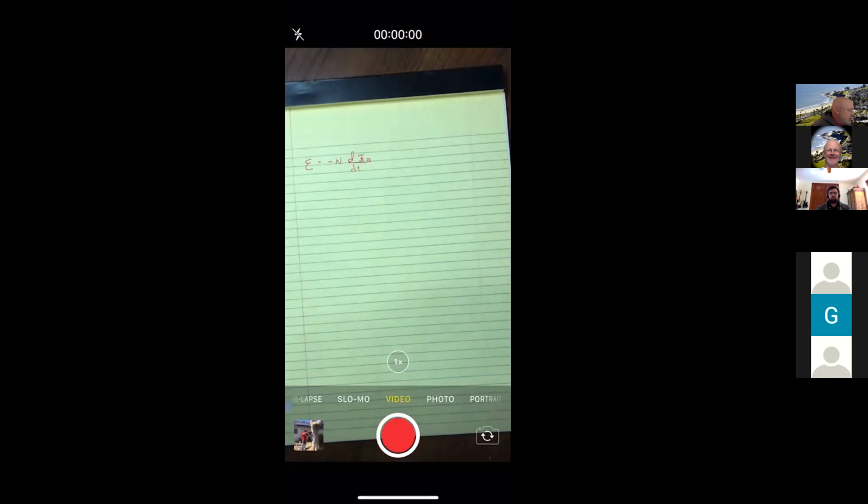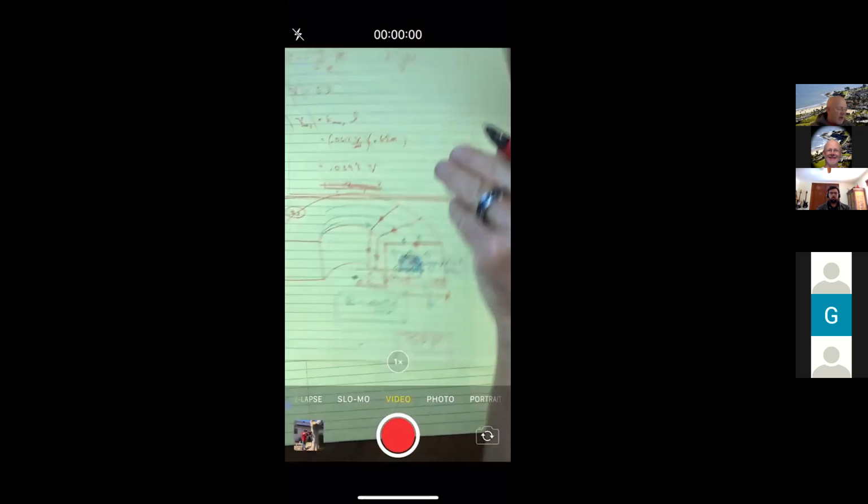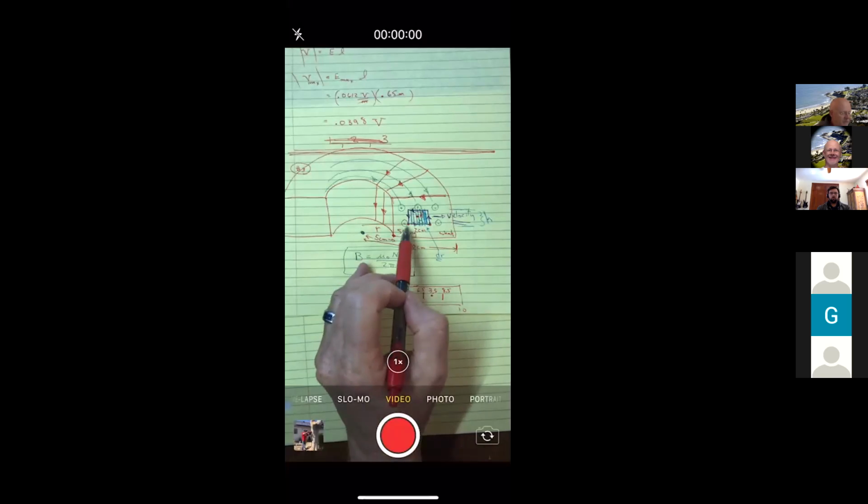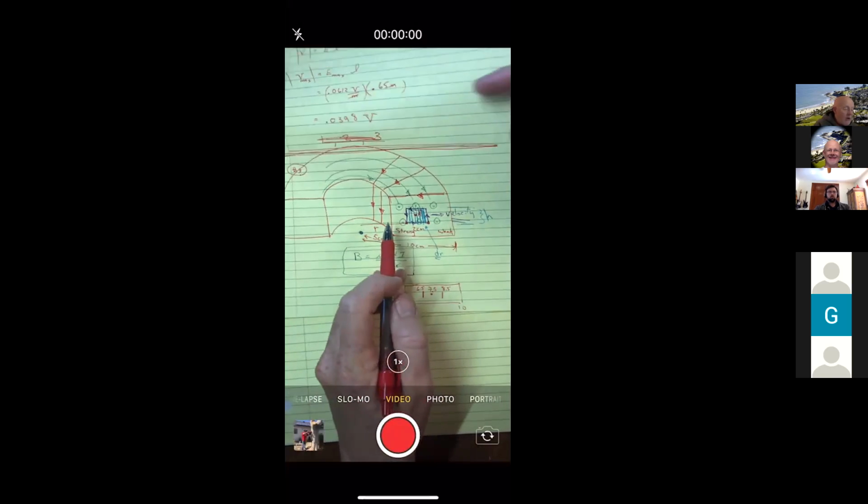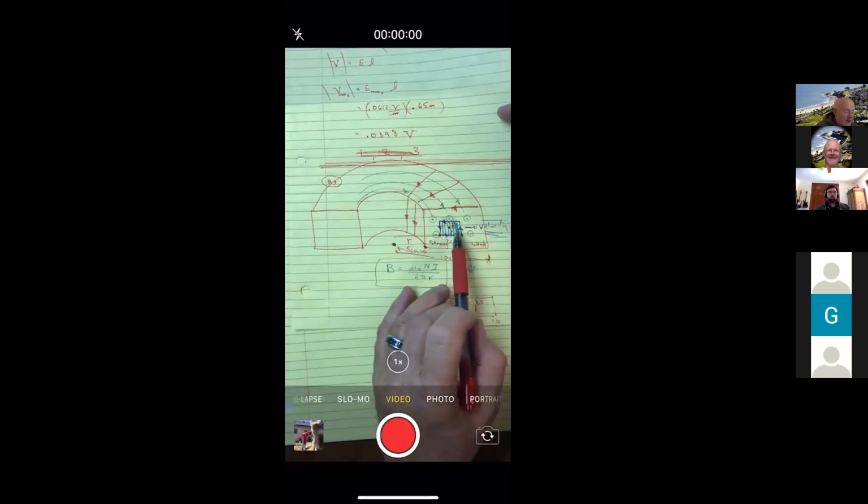In the problem we just did, the changing of the flux is not in the toroid itself, but is in another moving object. I like to call that a secondary effect. So I would have an EMF in my secondary.